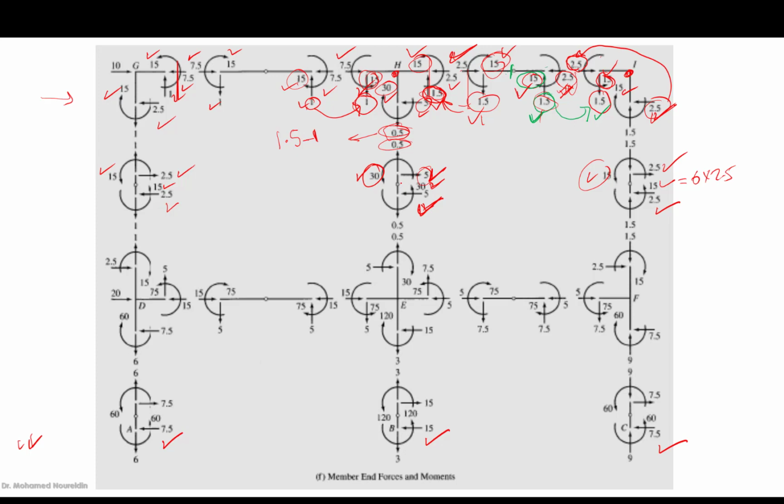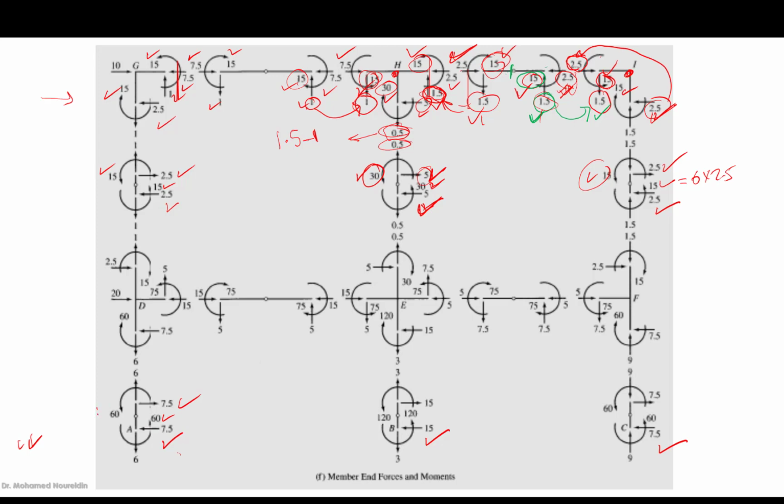Similarly, now we know everything for the girders and for the columns for the top story. Then everything is going to be known for us for the bottom story. You can do the same. Similarly, start from here. We have 7.5 and 60.